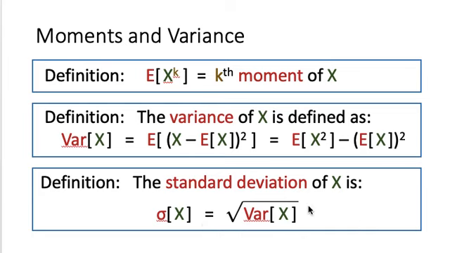All of these things, moments, variance or standard deviation, and also the expected value of X, they are usually called the statistics of the random variable X. So first of all, we do not have the full probability distribution when we are talking about these values, because all of these are related to the expected value. So it is like some constant, but it depends on the original distribution.